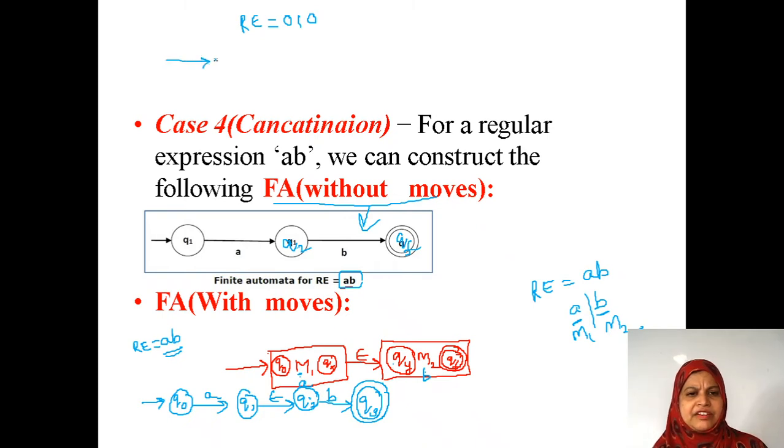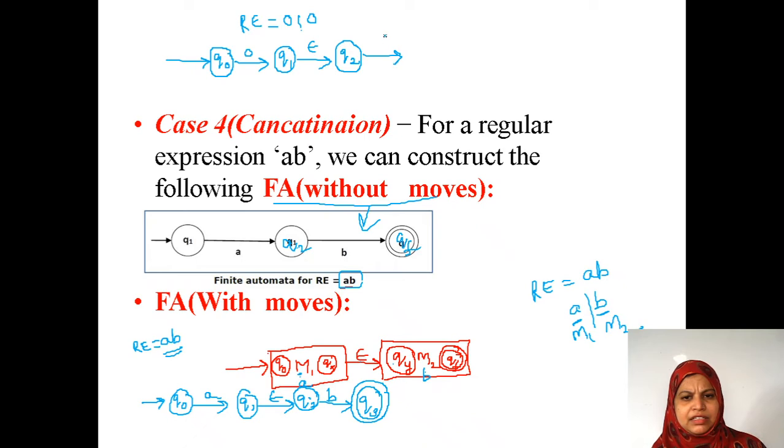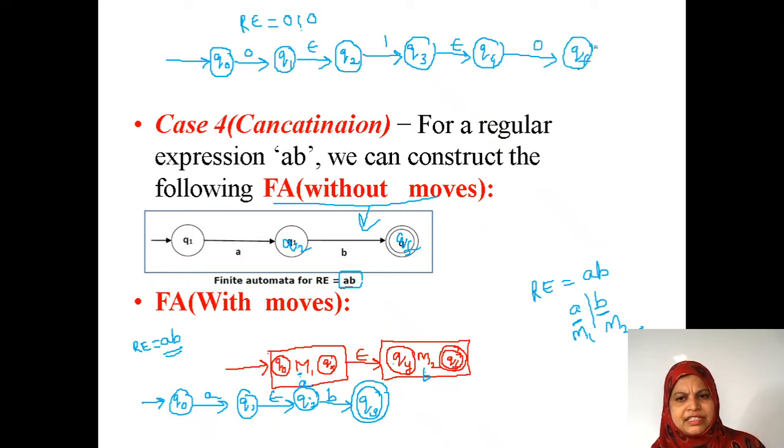First we have to start with the initial state Q naught, then M1, so we take 0, then followed by epsilon, then Q2, after epsilon again one symbol, 1, then Q3, again epsilon, then Q4, then 0, then QF, the final state.